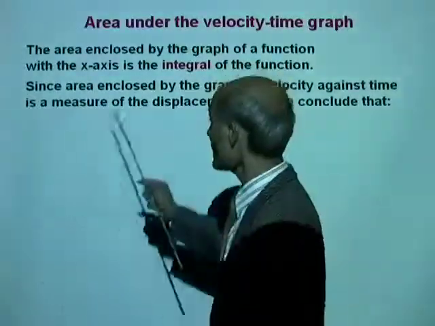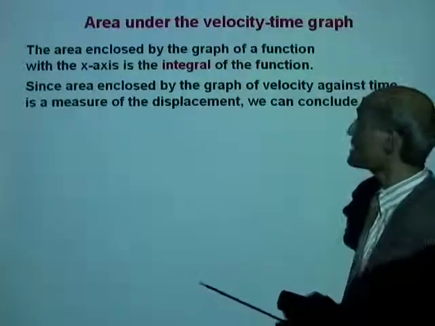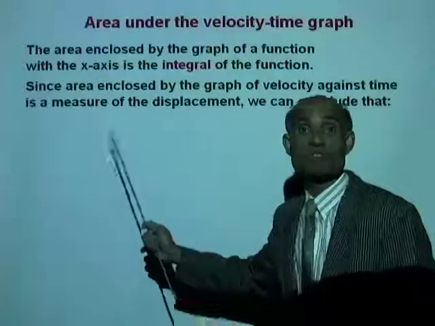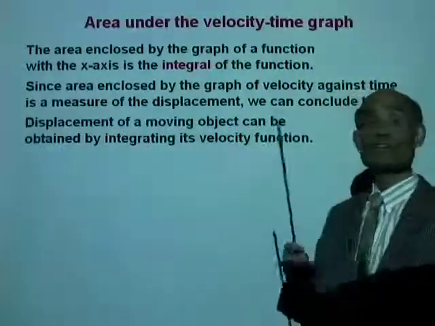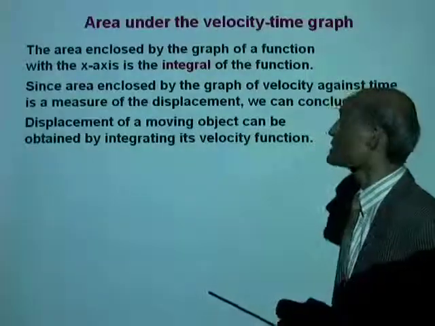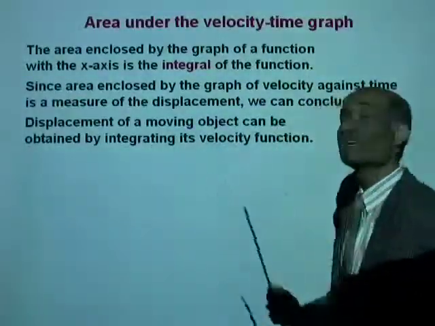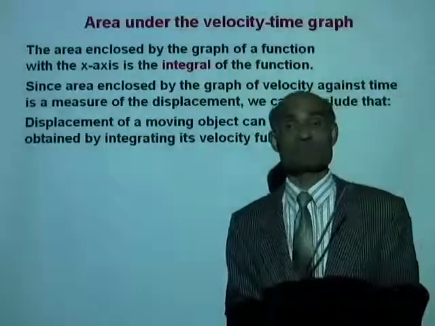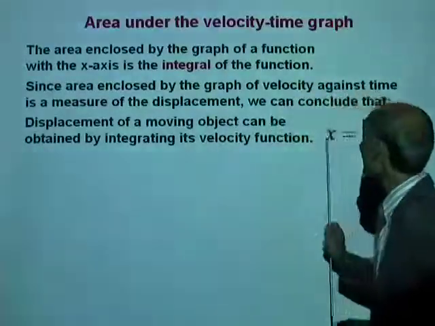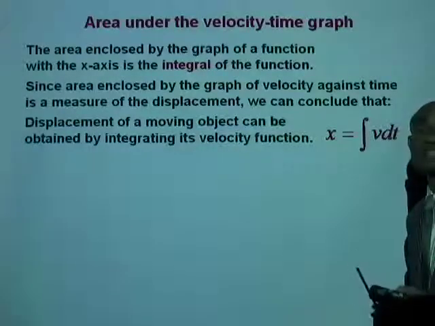So, since the area enclosed by the graph of velocity against time is a measure of the displacement, we can conclude that the displacement of a moving object can be obtained by integrating its velocity function. In other words, x equal to integral v dt.